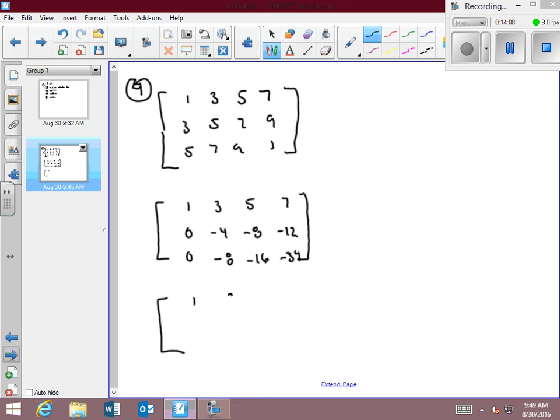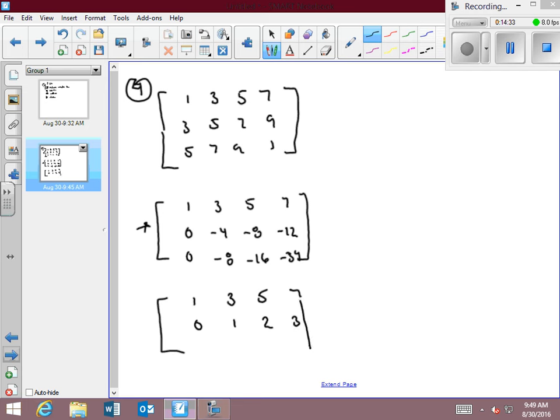And then what I'm going to do at the same time, I'm going to be working off of the matrix here to do row 3, but I am going to go ahead and divide row 2 by minus 4 so that I get it this way.